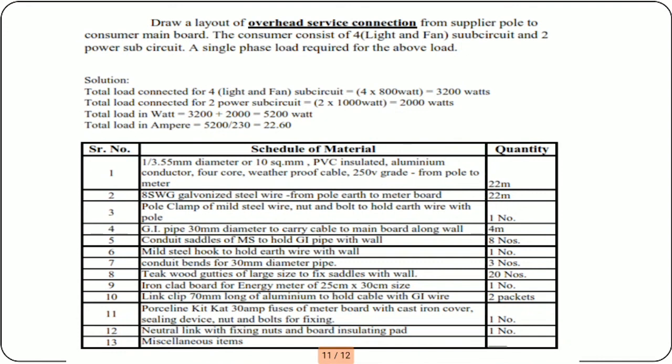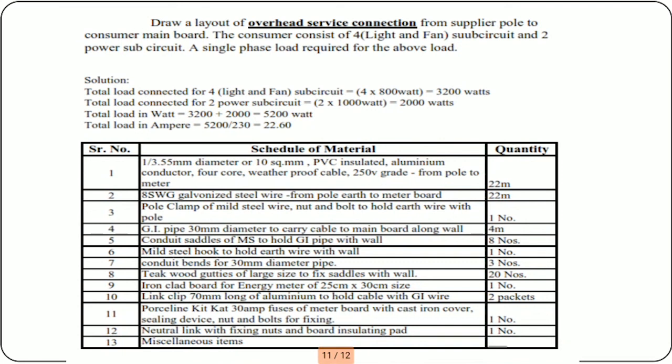Then conduit saddles are also required, 8 numbers. Then a mild steel hook is required to hold the earth wire with the wall, it is 1. Then conduit bends, we require 3 numbers. Then teakwood gutties, 20 numbers; that means it depends on the packets, how many gutties are there in one packet. Then ironclad board for the energy meter, size 25 centimeter by 30 centimeter, one number.